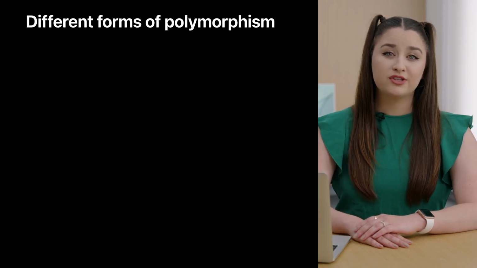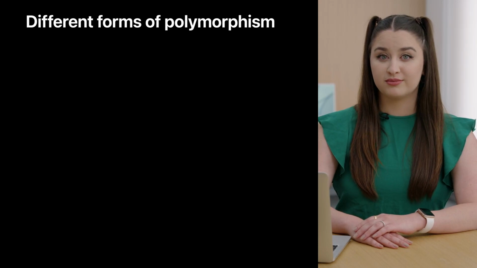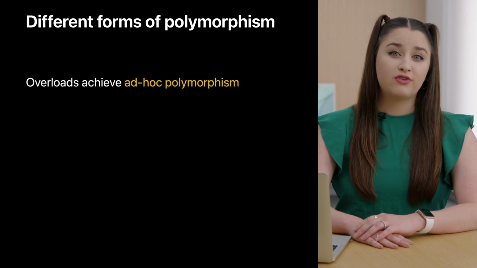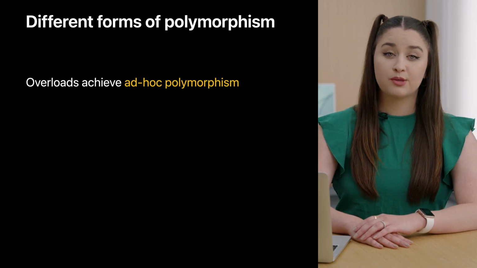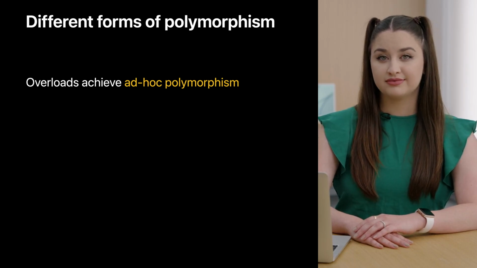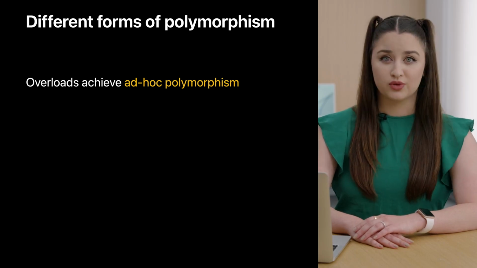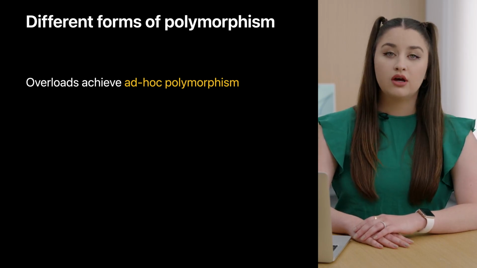Appropriately, polymorphism itself comes in different forms. The first is function overloading, where the same function call can mean different things depending on the argument type. Overloading is called ad hoc polymorphism because it isn't really a general solution. We just saw how overloading can lead to repetitive code.